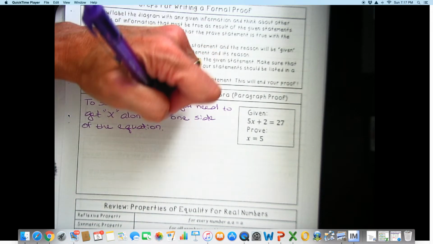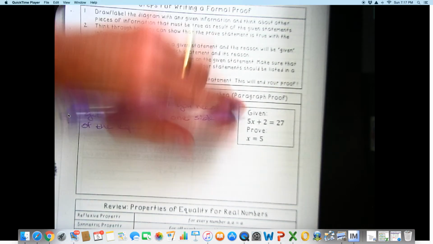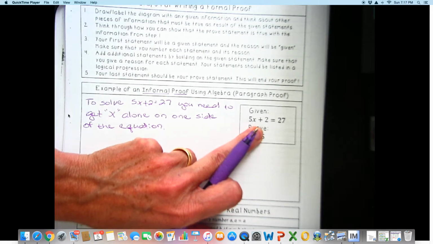All right, first, what would be the first thing we would do? I think the first thing we would do is subtract 2 from each side.